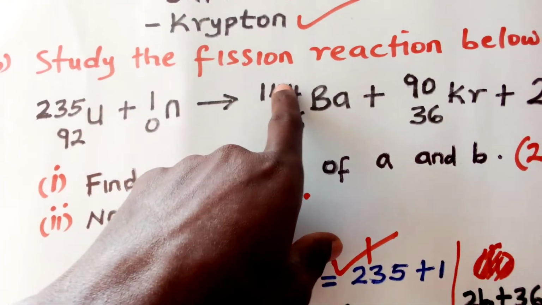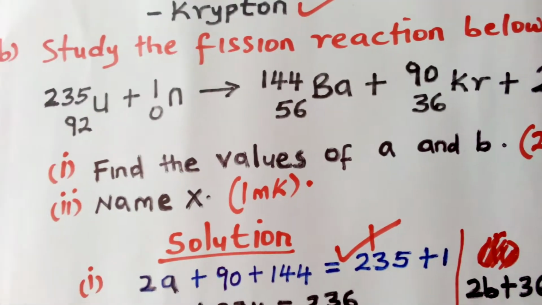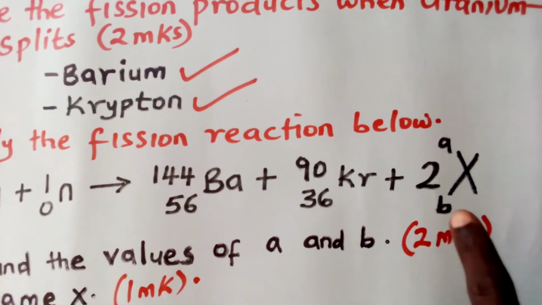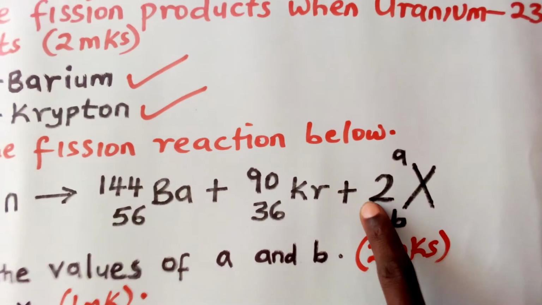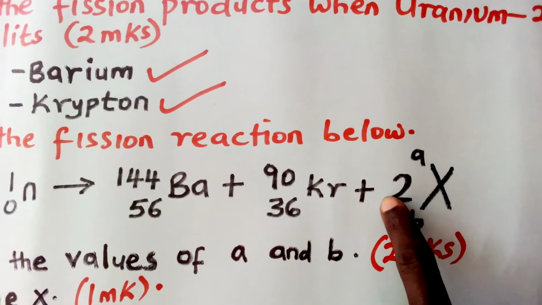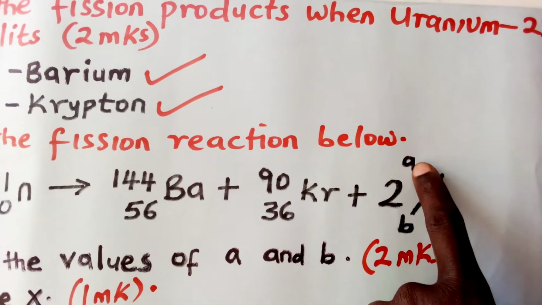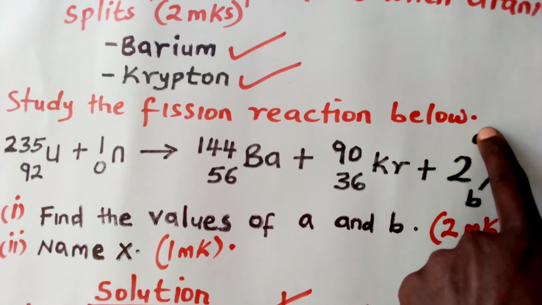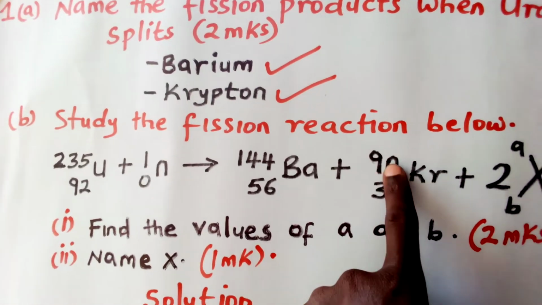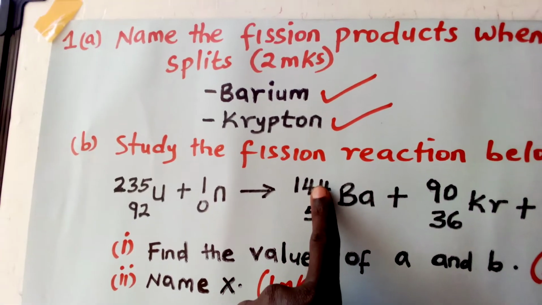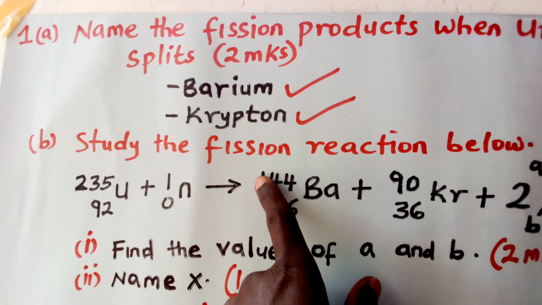Then you see this 2. The 2 multiplies A, because the 2 is in front of X, meaning it is 2X. So we shall say 2 times A, which is 2A. We add it to 90, and then we add 144.